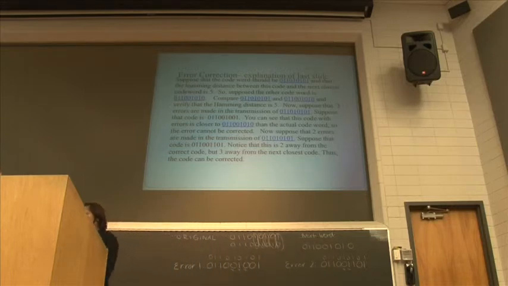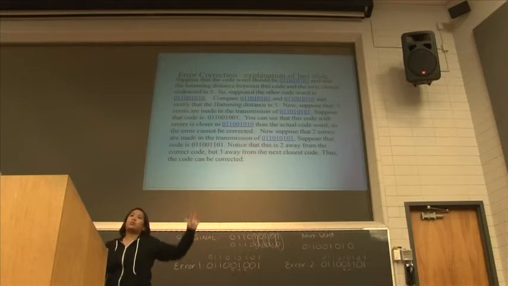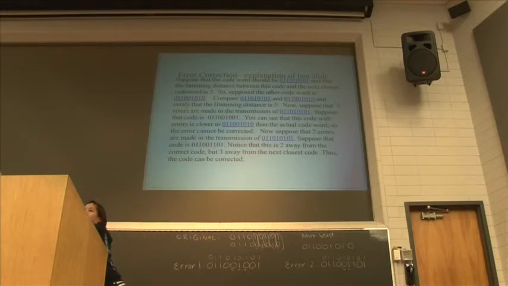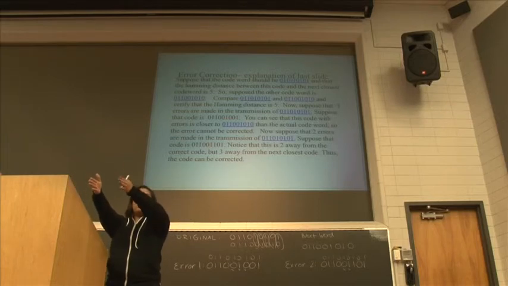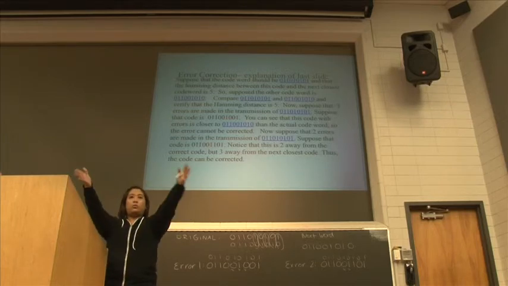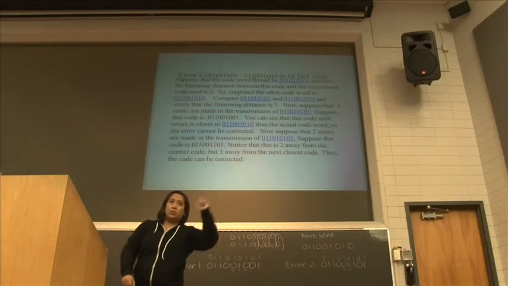Since this is only 2 places away from the original, that means it's 3 places away from the next word, so this one defaults to the original. It's only off by 2 instead of being off by 3. If you're 3 errors away, that pushes you closer to the next word in line. See what's going on? That's why it's the nearest neighbor error detection.